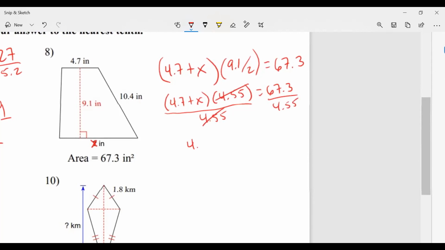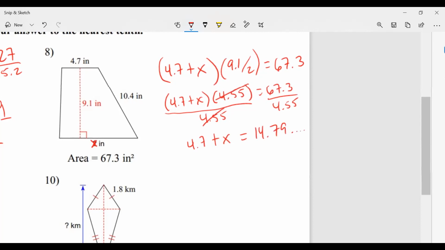So I get 4.7 plus x equals now 67.3 divided by 4.55, which is equal to 14.79, and I'm going to do dot, dot, dot.